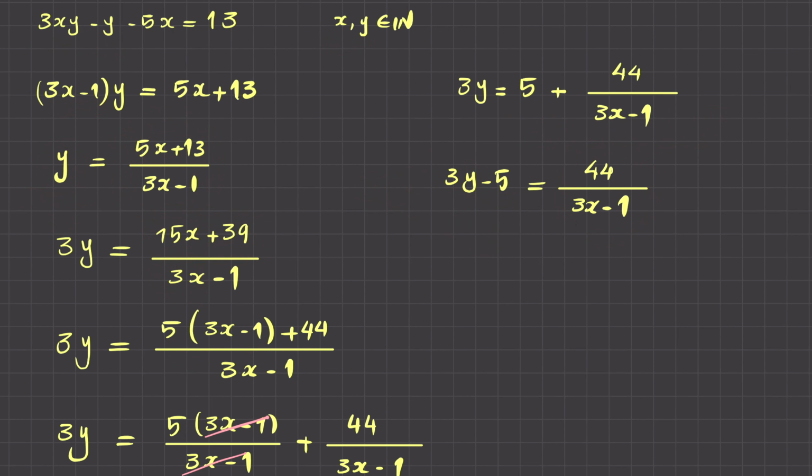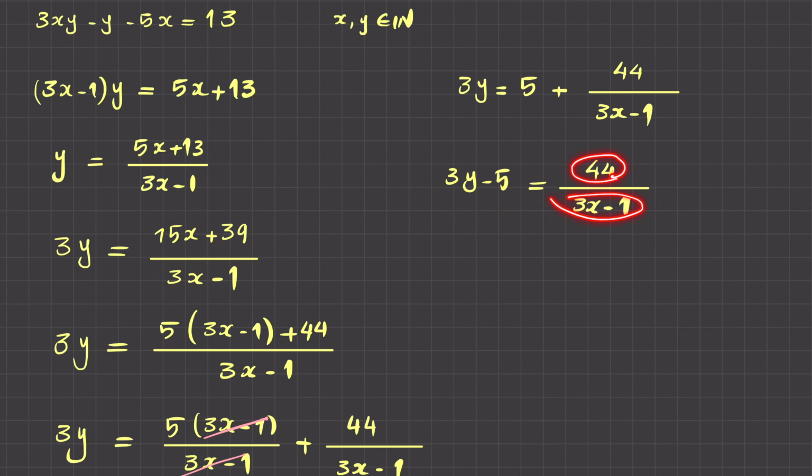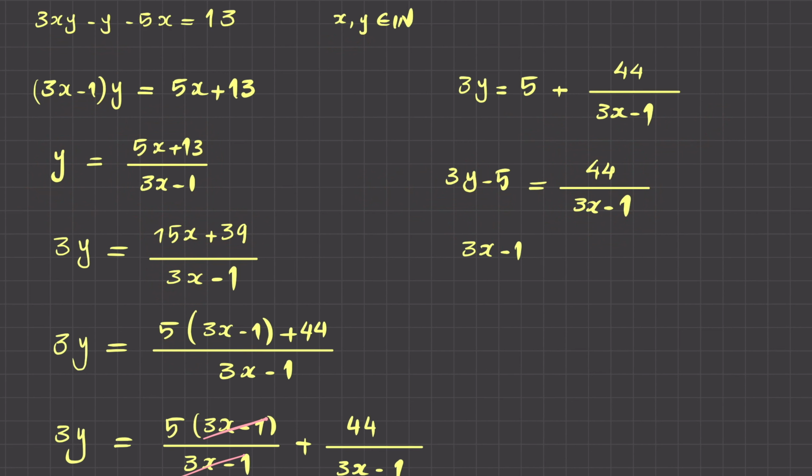If y is 1, then it becomes minus 2, but if y is 2 or beyond, this becomes a natural number. Anyway, this means that this fraction in general is an integer, so 44 should be divisible by 3x minus 1. Yes, so 3x minus 1 should divide 44.